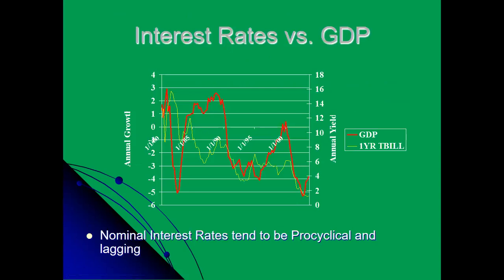Now, we have the interest rates versus GDP as shown here. Yellow would be the one-year treasury bill and the red would be the GDP. Nominal interest rates tend to be pro-cyclical and lagging. Pro-cyclical because if, for example, our GDP is increasing, so is our treasury bill.